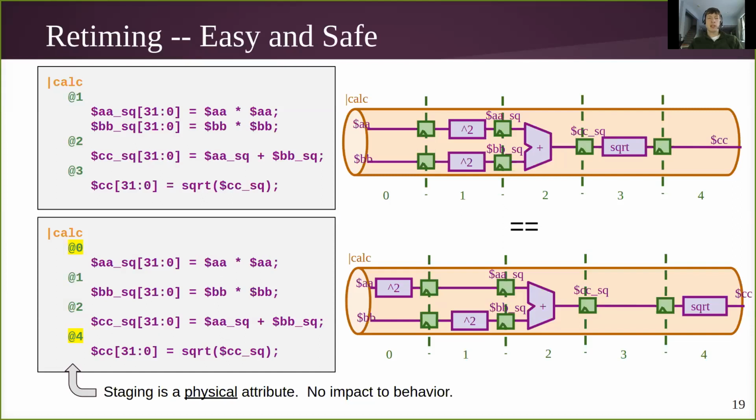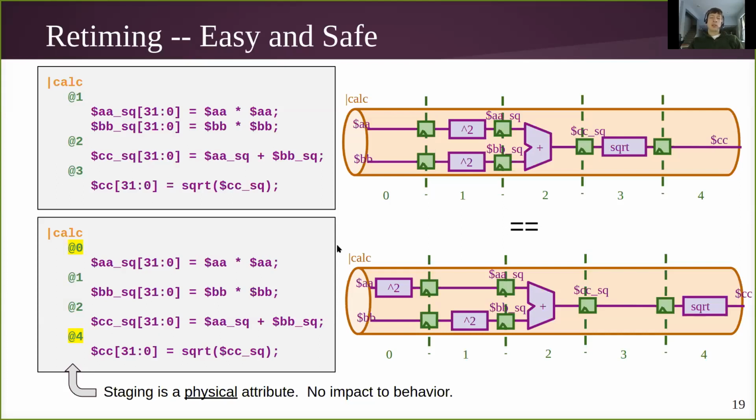how we distribute our logic in the pipeline from the behavior, the logic that's performed by the pipeline. In particular, in this scenario, we're looking at the need to repipeline our logic, retime our logic.